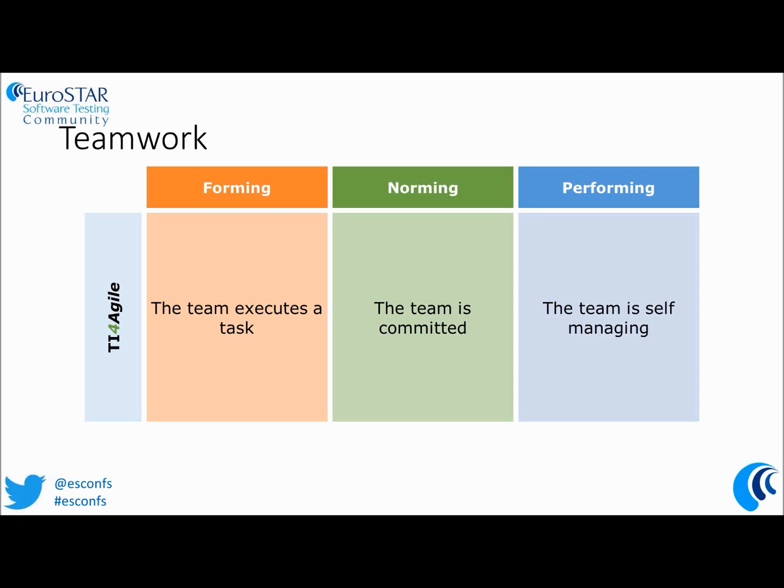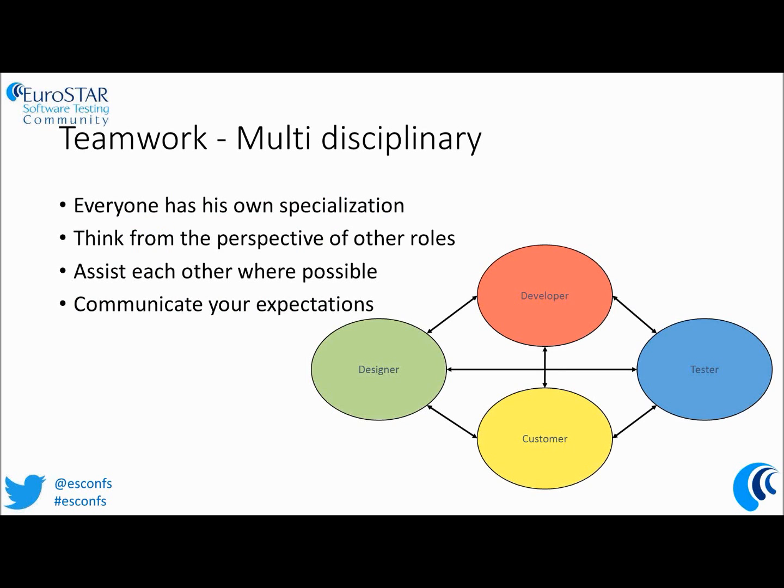And that's quite different from just executing a task. The commitment is important in the next step. And the last step is really self-managing. Okay, our task is done, we pick up another task and we commit to that. And so you see growth within a team in doing what they can do and what they will do.